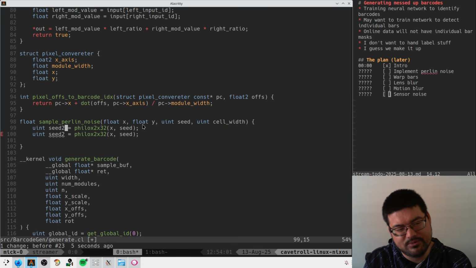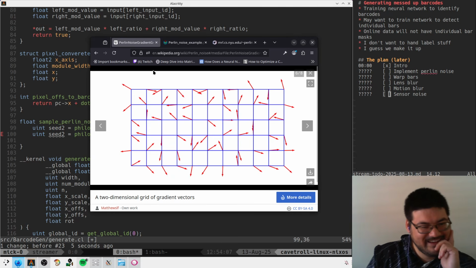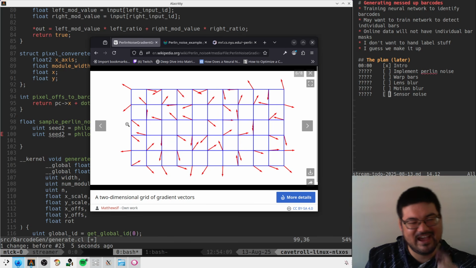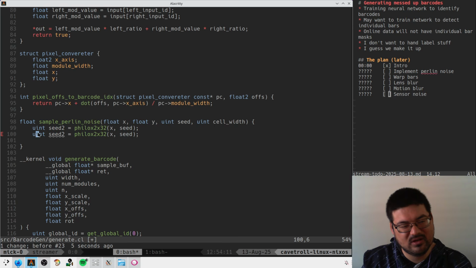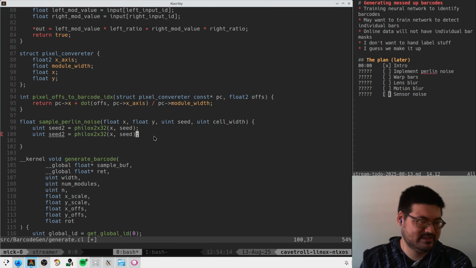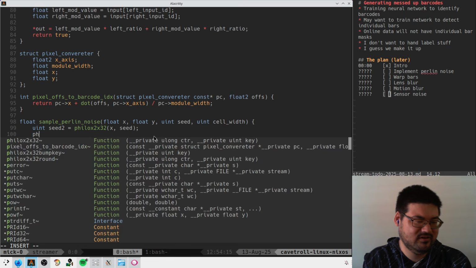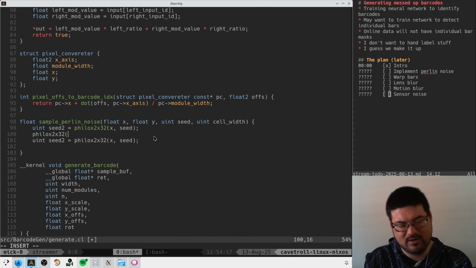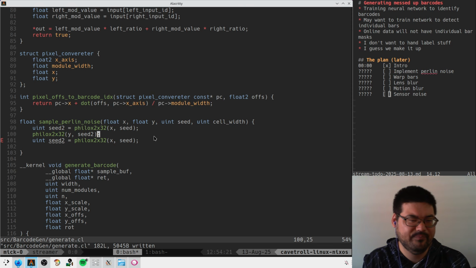Yeah, so you could sample, you get this seed from this. Then you have Y and seed 2 in some way, and what does this give you?